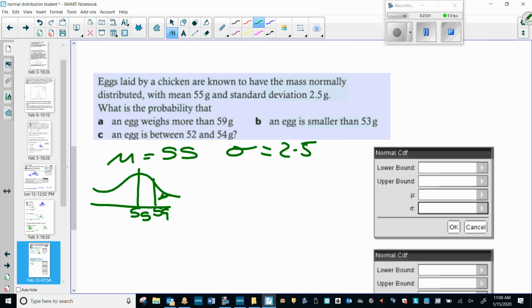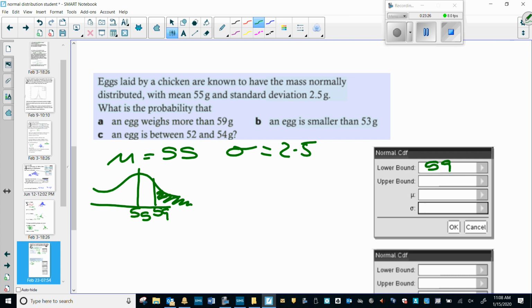The right, yeah? What do we know about the probability? The answer is going to be less than half, because we want more than, and it's just this portion here. Lower bound is going to be 59.